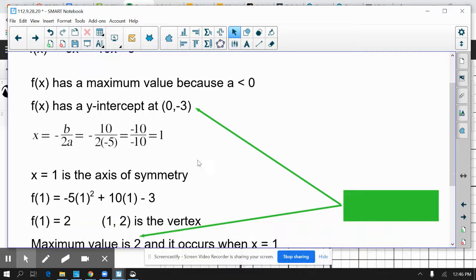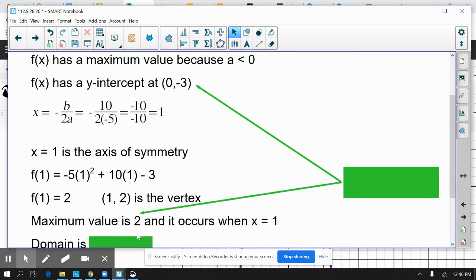And this is kind of interesting. Imagine the graph in your head. It's touching the y-axis at negative 3, but it has a maximum value of 2. So the max, the vertex, is above the y-intercept, you see. It's 5 spaces above this y-intercept.